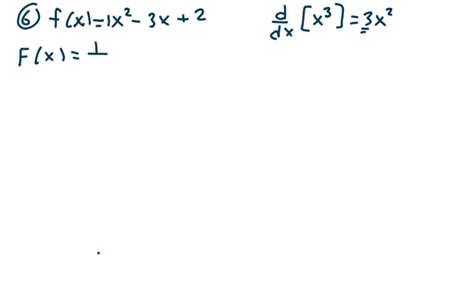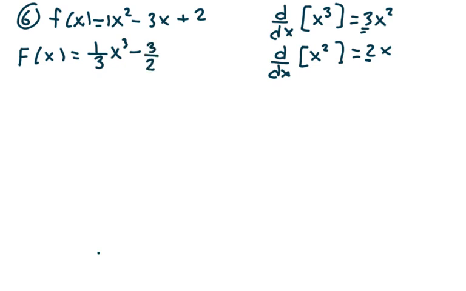And so I'm going to take 1/3 of x cubed minus. Now, the derivative of x squared is equal to 2x. But I don't want the 2, and so I'm going to take that 3 and divide by 2 and multiply by x squared.